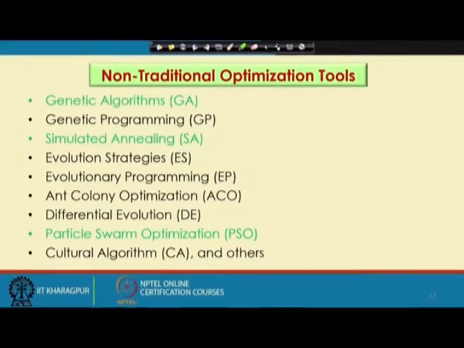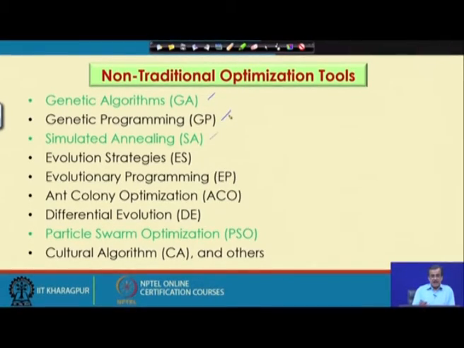For example, we have techniques like the genetic algorithm, which was proposed in the year 1965. Then we have genetic programming, simulated annealing, evolutionary strategies, evolutionary programming, ant colony optimization, and differential evolution, that is the modified version of the genetic algorithm.